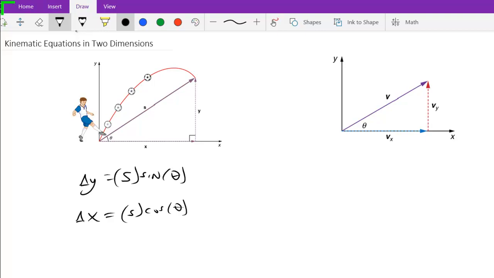So we can break displacement into delta y and delta x, like we've actually seen in previous videos. And we can do this with every vector. Not only was displacement a vector, but velocity was also a vector.